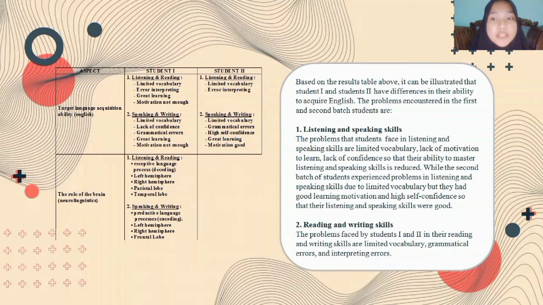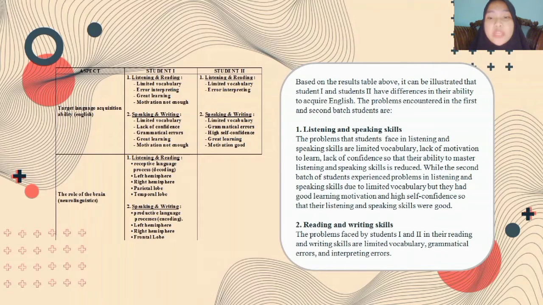The problem that students face in listening and speaking skills are limited vocabulary, lack of motivation to learn, and lack of confidence, so their ability to master listening and speaking skill is reduced. While the second batch of students experienced problems in listening and speaking skills due to limited vocabulary, but they had good learning motivation and high self-confidence, so that their listening and speaking skills were good.